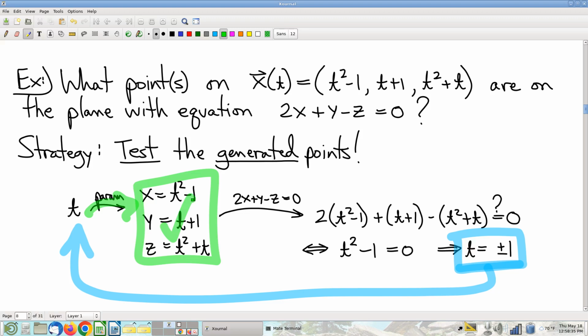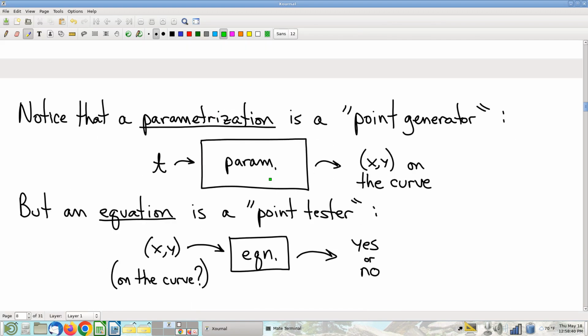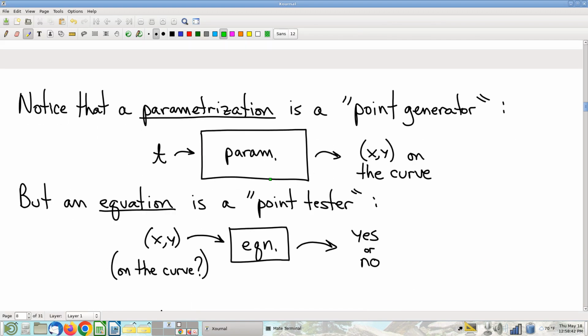Everybody see the process there? Nice little trick. I emphasize, the whole strategy for this exercise comes out of thinking about fundamentally what parameterizations do, what equations do, and specifically how those are different. Okay.